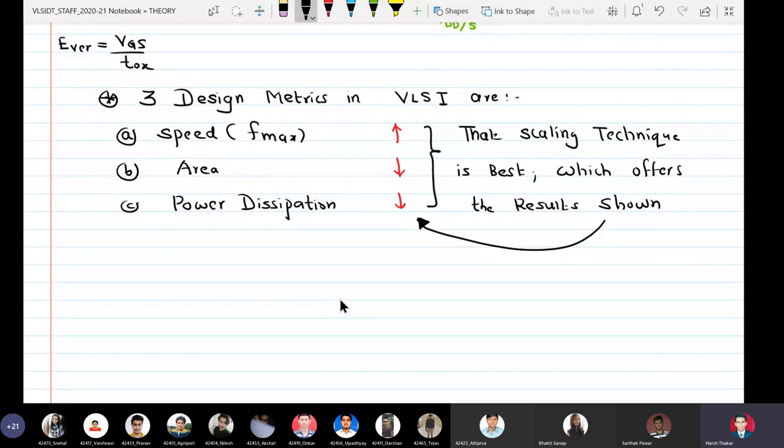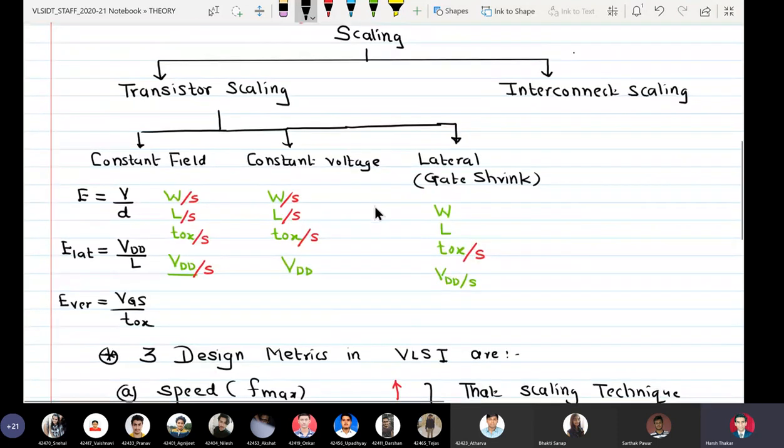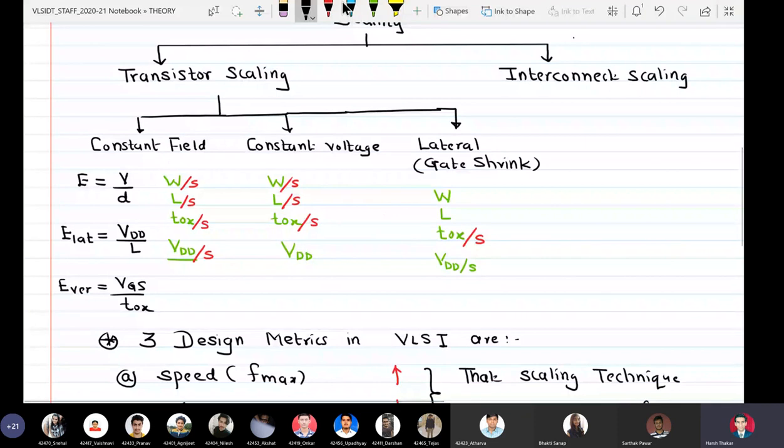That is, it gives us a scale up in Fmax, a scale down in area, and also a scale down in power dissipation. So this constant field scaling is also known as Dennard scaling. There was a scientist called Dennard who actually devised this particular method. Yes, Dennard scaling is nothing but constant field scaling.